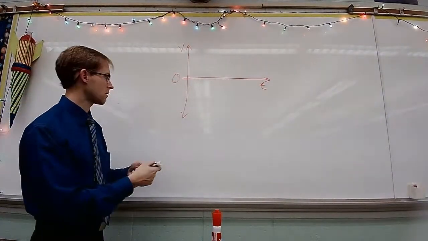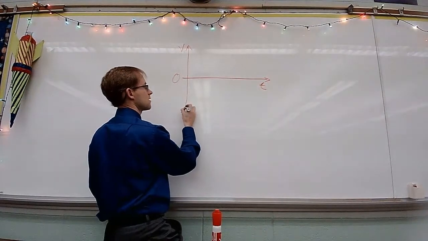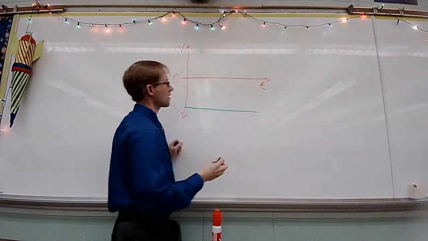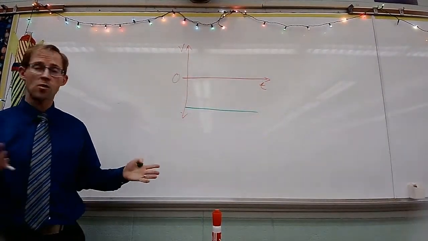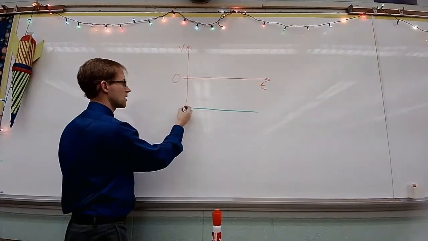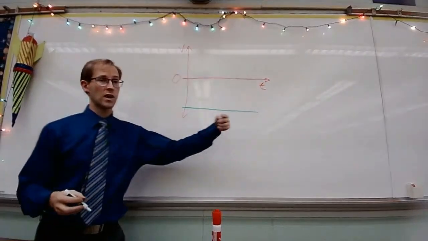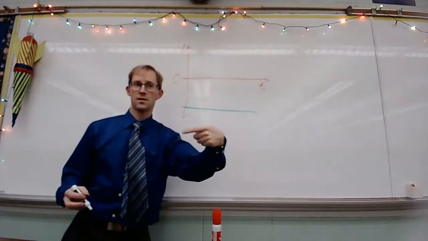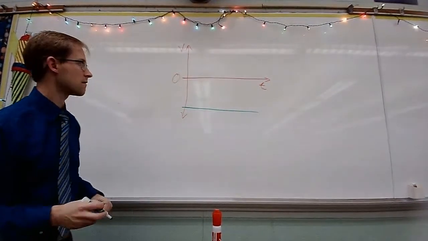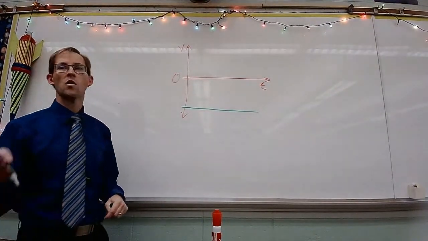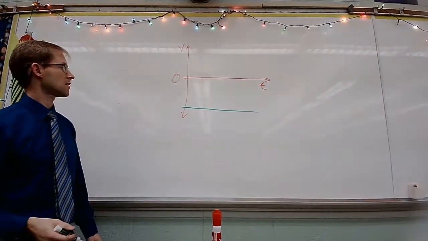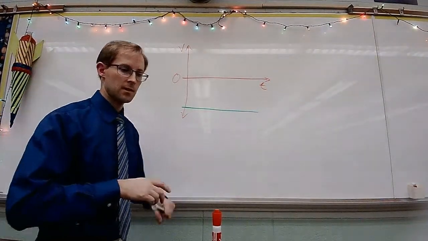Horizontal line underneath? That's exactly true. Because the velocity is the same the whole time, this number isn't changing. And because we're going towards the origin, that's indicative of a negative velocity. If you're going away, that would be positive.